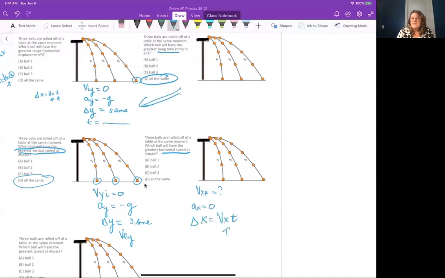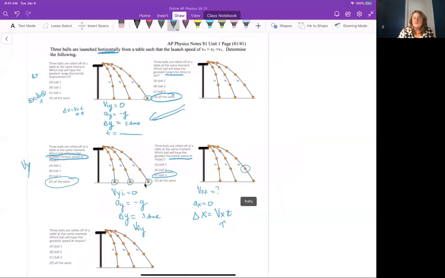Notice I don't even have an initial or final. Why is that? Well, because acceleration is 0, so that means the velocity isn't changing. So which one has the greatest initial velocity? V3. So if V3 has the greatest initial, it's going to have the greatest final in the horizontal direction, which is x.